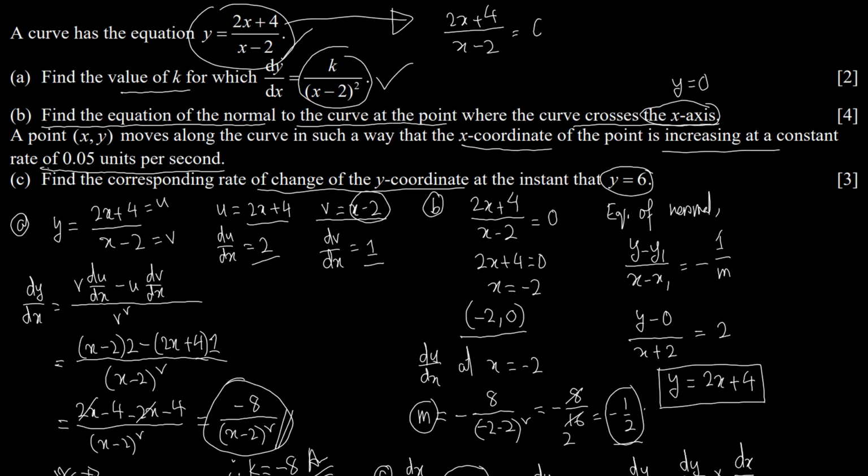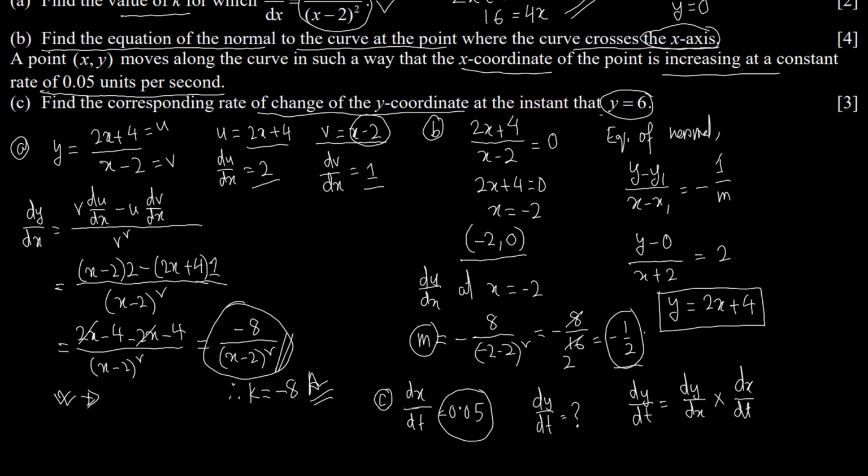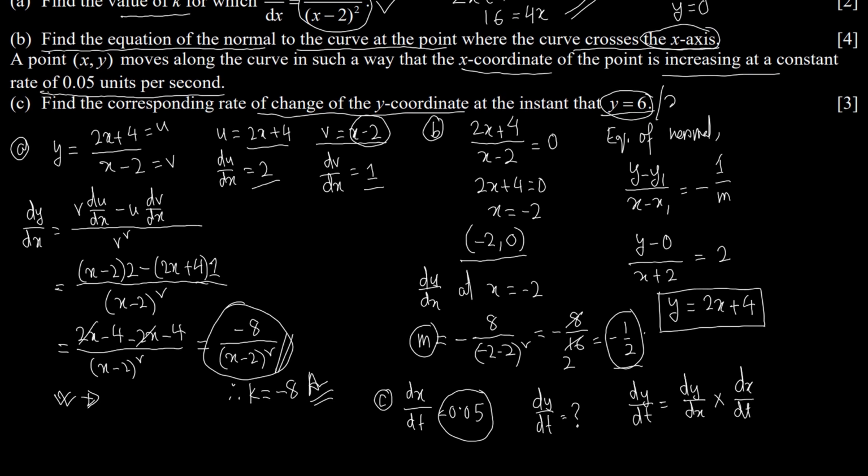If we consider 6, then it becomes 2x plus 4 equals 6x minus 12. So we can write 4x on the right side, and 12 plus 4 is 16. From there we conclude the value of x is 4. When y equals 6, the value of x is 4, because we need to apply the x value here. Let me finish our task now.